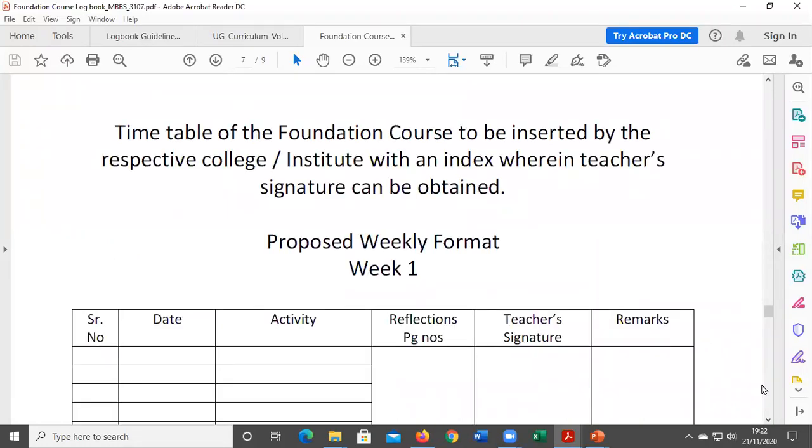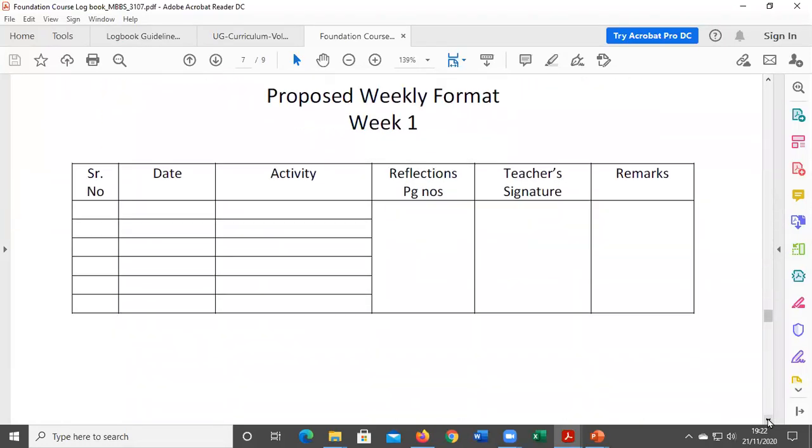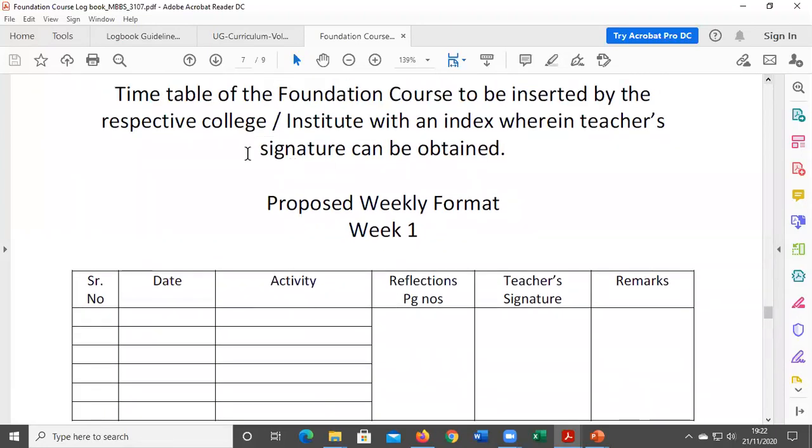And then the MUHS proposed a weekly format. The timetable of the foundation course of the college could be inserted in this region, so that the students get a glimpse of the events held every week, and then accordingly fill up this table of contents page: the date on which the activity was done and the name of the activity.